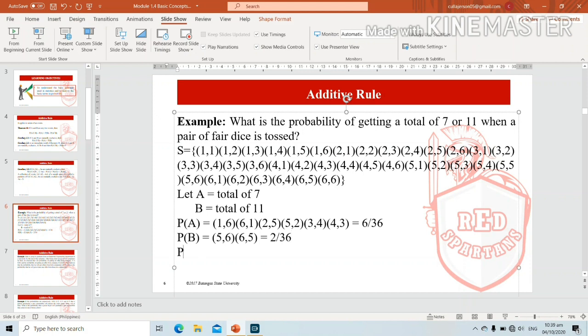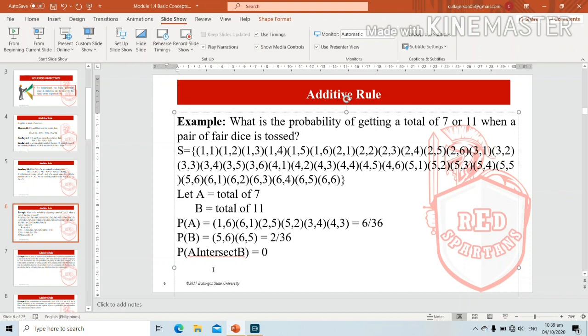Kaya ang A intersect B is null set or 0.